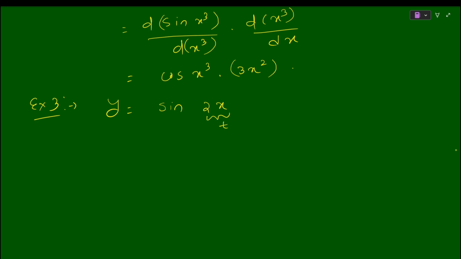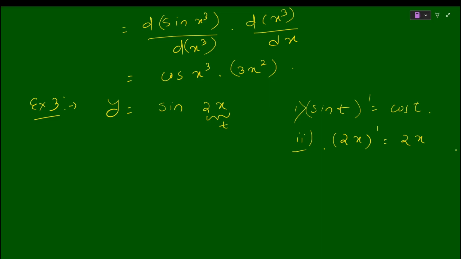Okay, so in rough space you will solve this as follows. Suppose first you want to find this derivative, so let's think of this function as sine t. What is the derivative of sine t? Sine t derivative is cos t. Then what is the value of t? T value is 2x. So find the derivative of this 2x, which would be 2. Then simply multiply these two things.